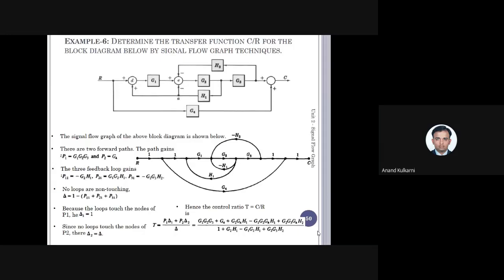Note it down. Okay, is it done? Is it clear? Any doubts?